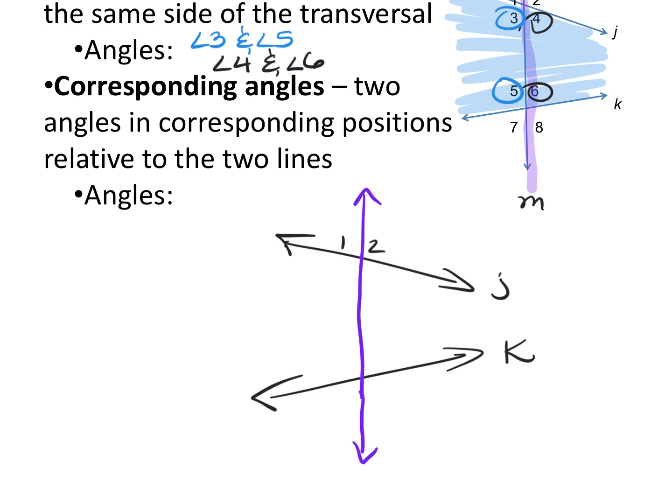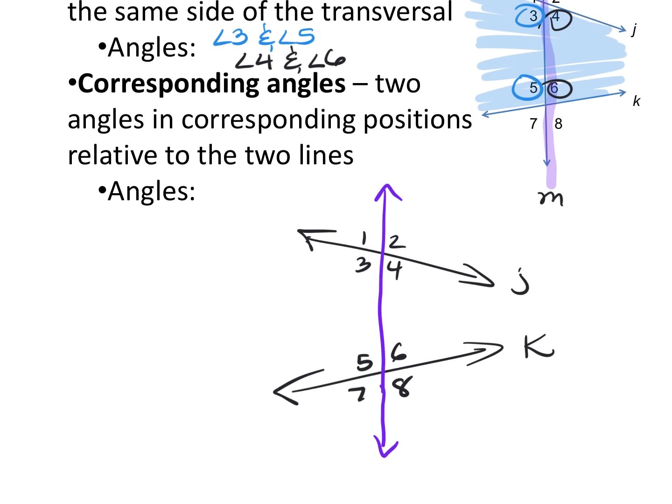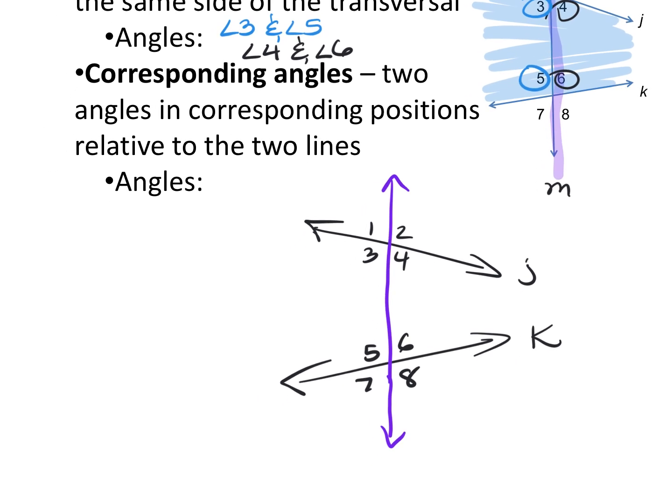So 1, 2, 3, 4, 5, 6, 7, 8. To find the corresponding angles in the picture, we are looking for two angles in corresponding positions relative to the two lines.